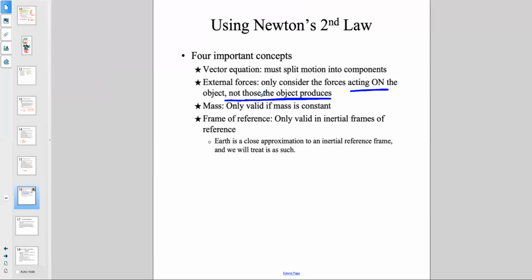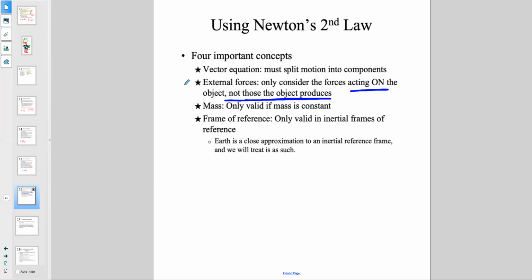Third, mass: only a constant mass can be used. If the mass of an object is changing, for example, it's moving towards positive x but gaining mass as it moves, like a snowball, we can only apply this law to a constant mass. Fourth, frame of reference: it is only valid in an inertial frame of reference.